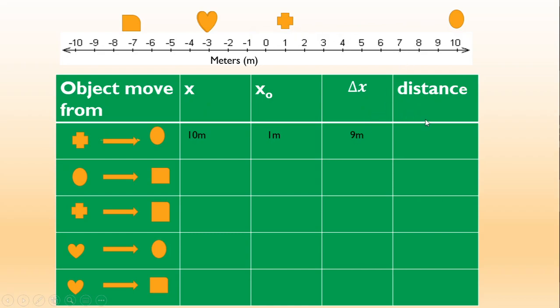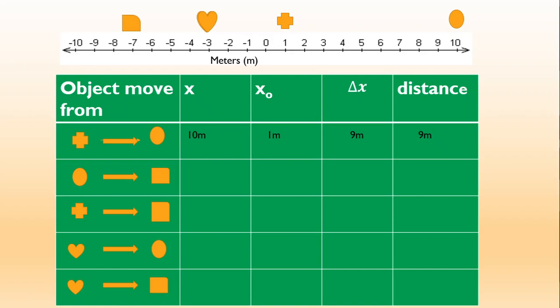The change is 9, and the distance is 9. Now you would think it would be 10, but you're not starting from 0. You're starting from 1. So you're moving 9 meters. Okay, so there's a couple. Let's go ahead and go through these.